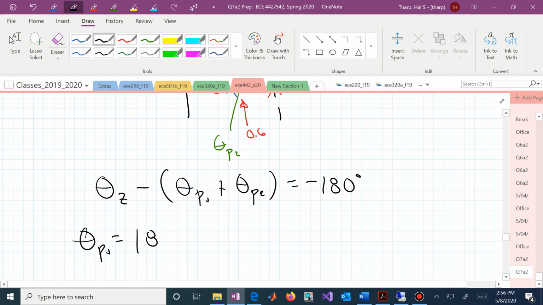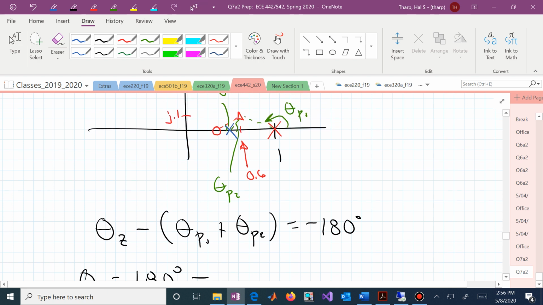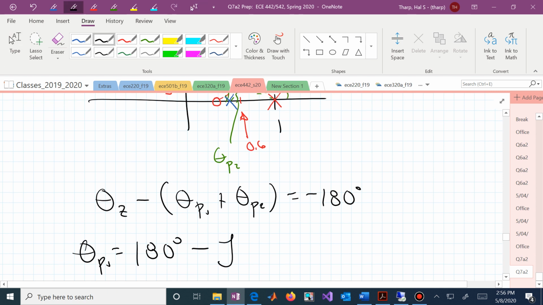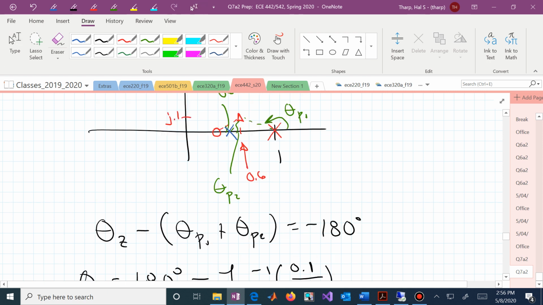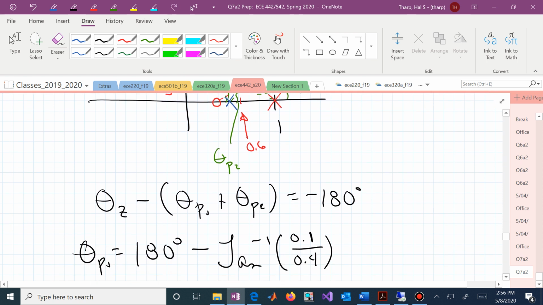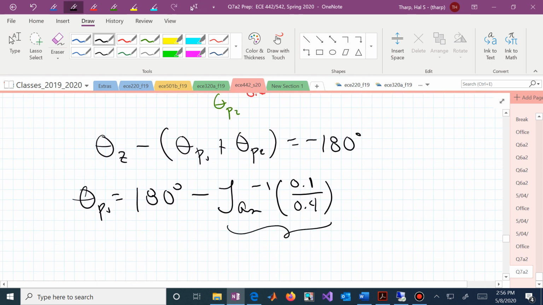We can calculate theta p1. Theta p1 is 180 degrees minus this acute angle, where we're going up 0.1 and across 0.4 from 1 to get to that 0.6 plus j 0.1. This is not a very big angle.